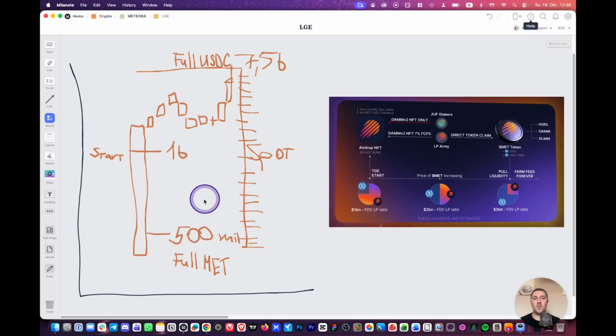So when trading starts and you choose the NFT position, for example, then at the start 1 billion will be the starting point, and the actual range goes from 500 million up to 7.5 billion.